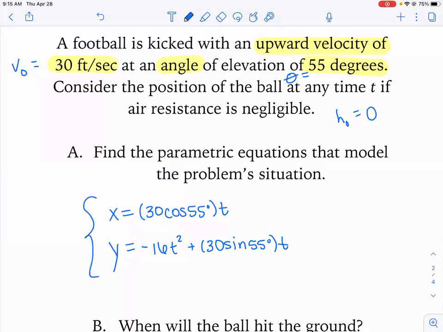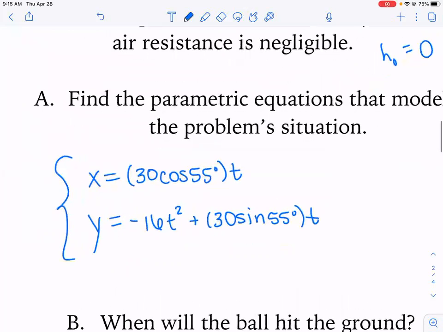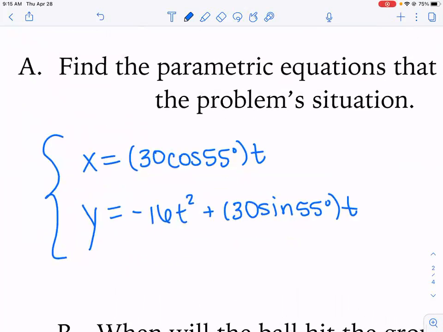So here's our set of parametric equations that model the situation. If I plug in 1 for t, this would give me how far down the field the ball has traveled after 1 second. This would give me how high the ball is in the air after 1 second.